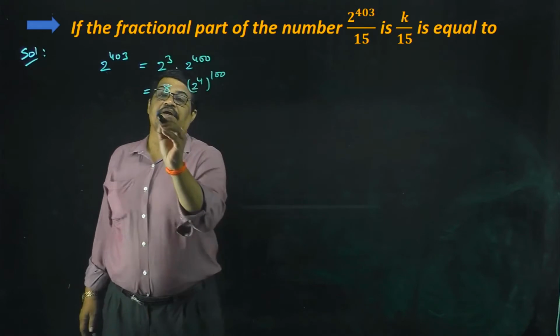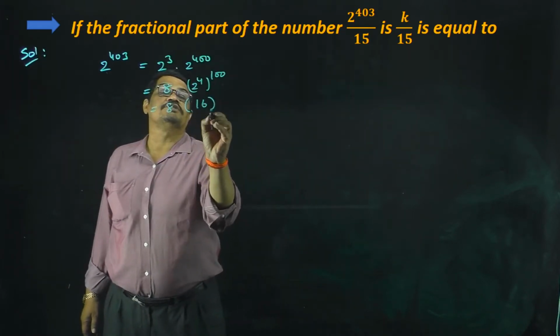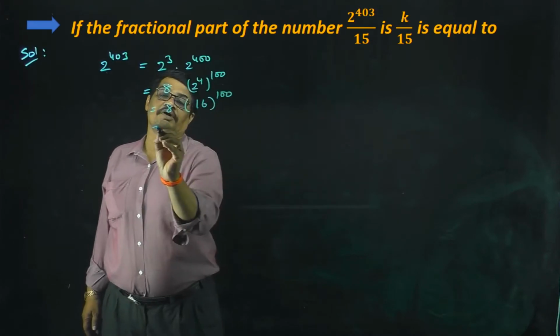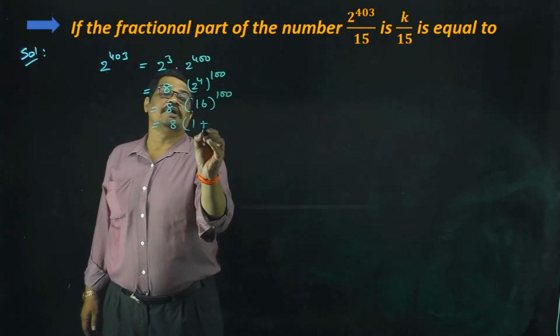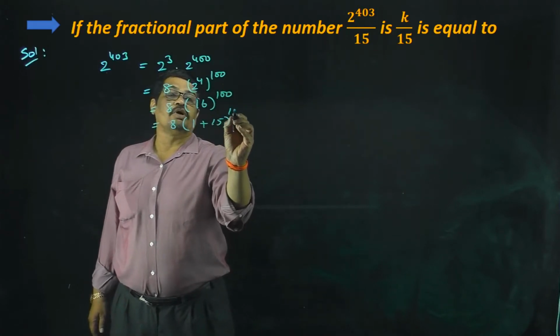This can be written as 8 into 2 to the power of 4, that is 16 to the power of 100. This 16 can be written as 1 plus 15, so 1 plus 15 to the power of 100.